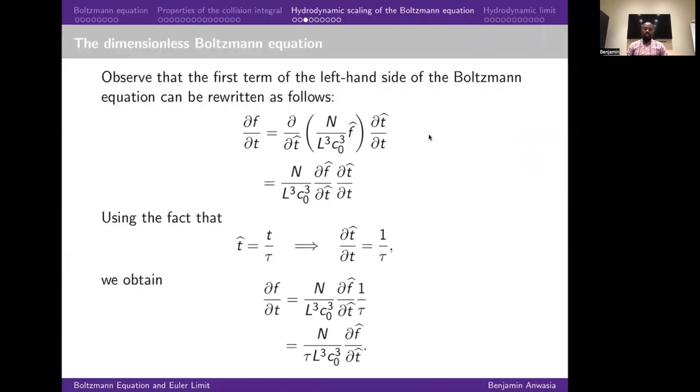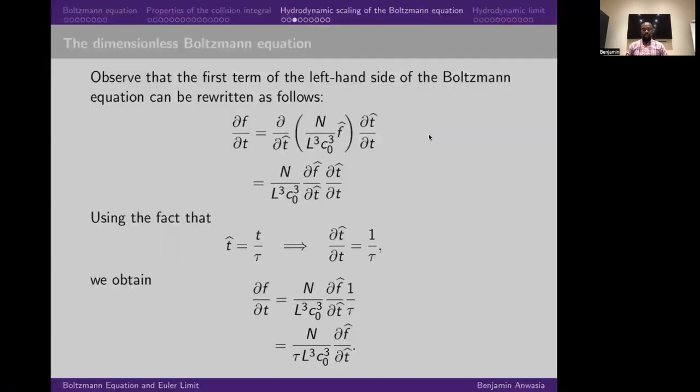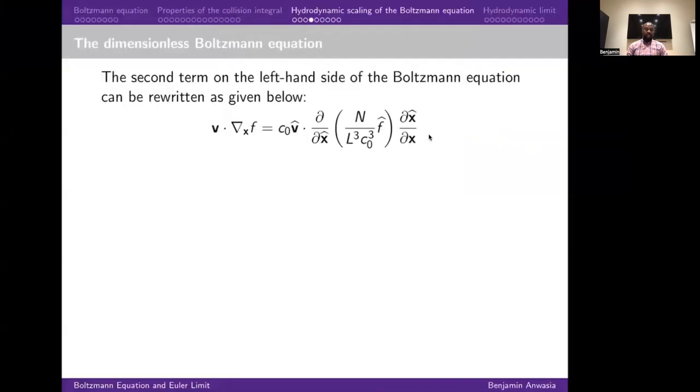Also, using the definition of the dimensionless velocity and the definition of the dimensionless velocity distribution function, we can rewrite the second term on the left-hand side of the Boltzmann equation as follows. Again, the factor multiplying f hat is a constant, so we can rewrite the right-hand side of this equation as follows.